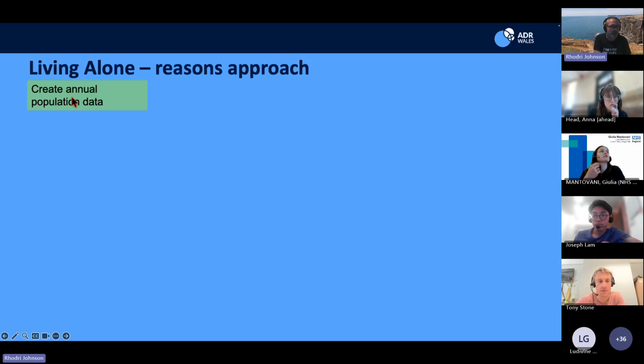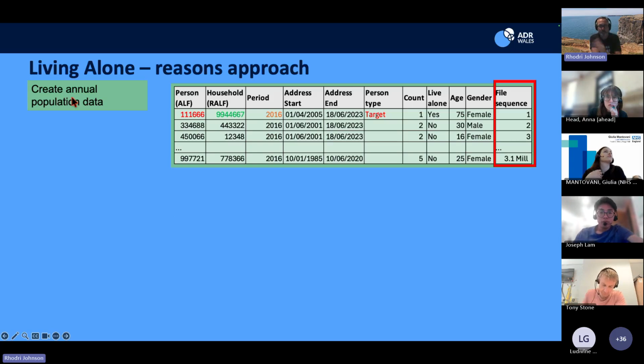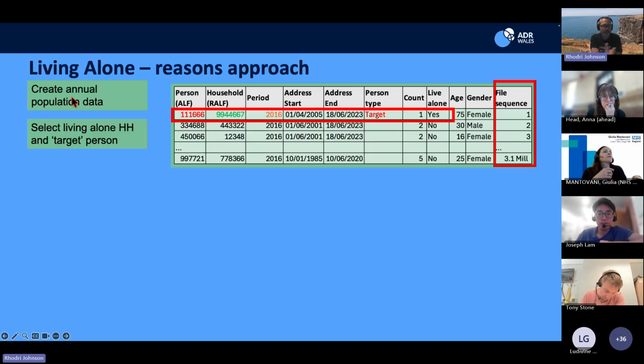Reasons approach. So we create the annual population data. Similar as before, we've got the address data for 1 year in this example, and just to show that we're looking at the whole data set, from the start of the file, number 1, up to individual number 3.1 million, whoever that is. We select someone who's living alone as a target person, as an example.